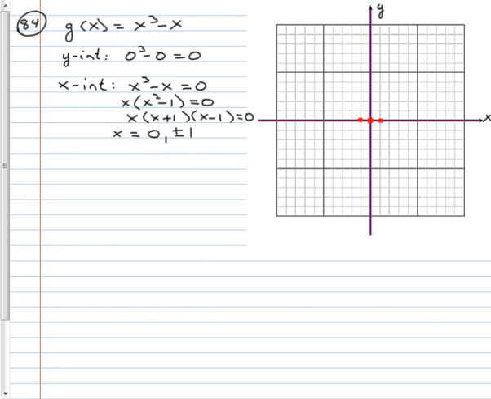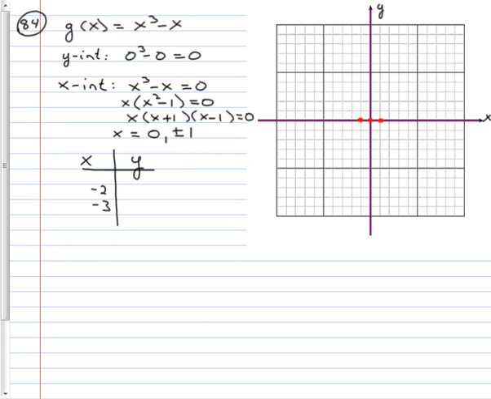Probably made my dot at the origin too big. Reduce it in size a little bit. Now I want to get some other points, but I am going to use those intercepts to help guide me in what x's I'm going to choose. I need to know what happens to the left of this far x, so maybe I'm going to choose a negative 2, negative 3.